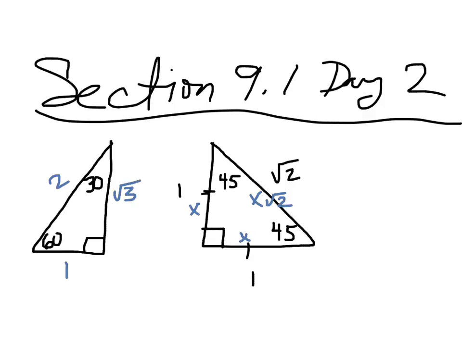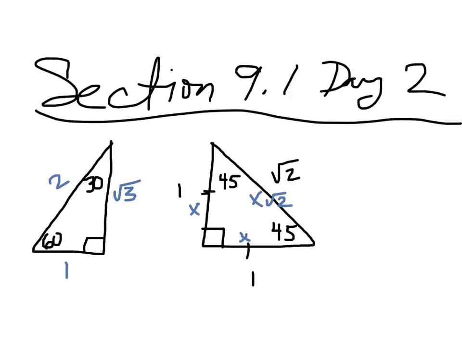It talks about the 30, 60, 90 and the 45, 45, 90 and the 6 different trig ratios. If you're interested, you might want to put that in your notes. However, as long as I have those numbers, I can make all 6 of them without writing the chart. Again, that chart's on 463.